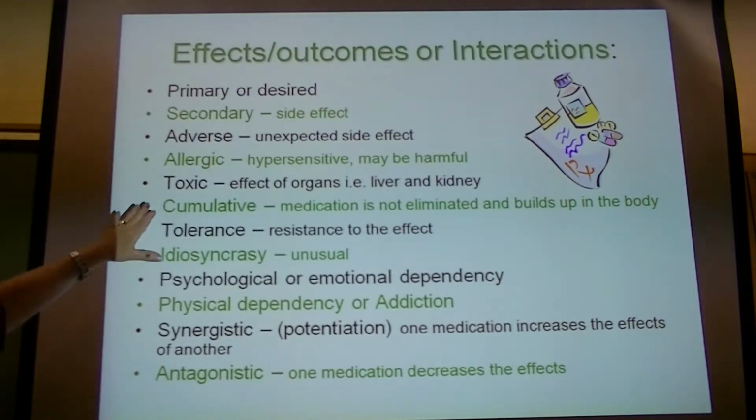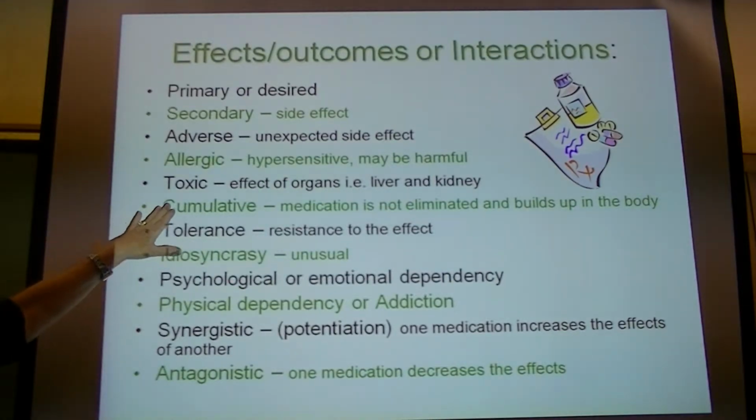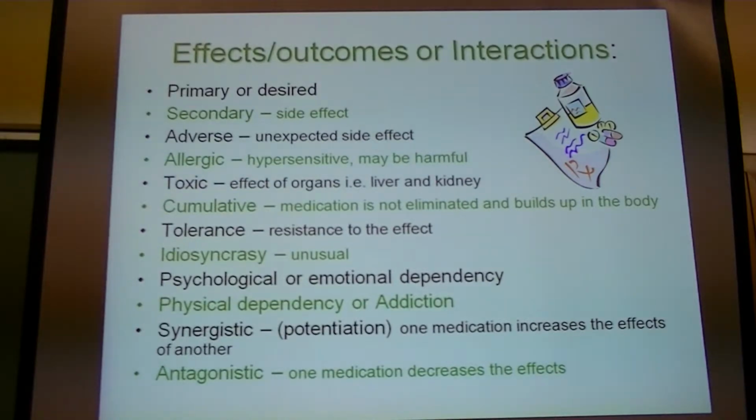They can't breathe. Toxic is different than that, because toxic means it's affecting the liver or some body organ, because things are metabolized by the liver. They all pass through the liver. There are all of the medicines that you see that your clients are going to get lab work for, especially seizure medicines.